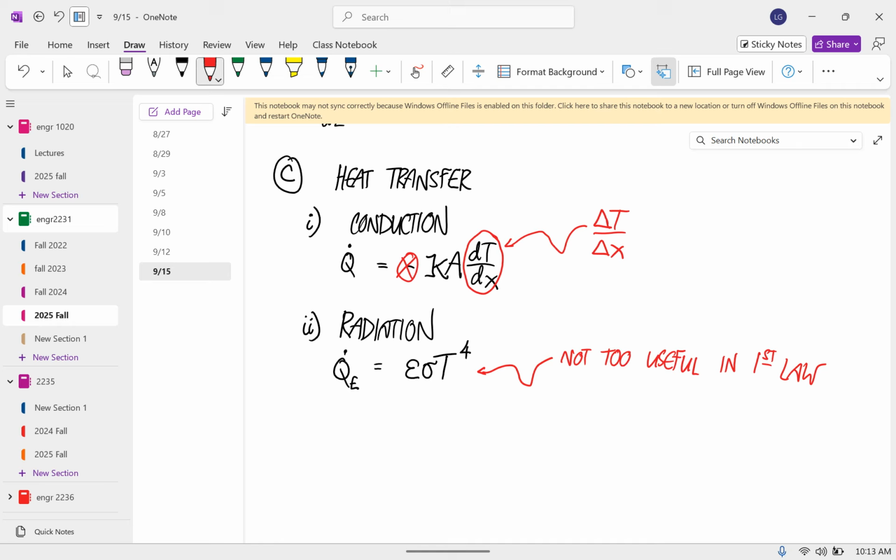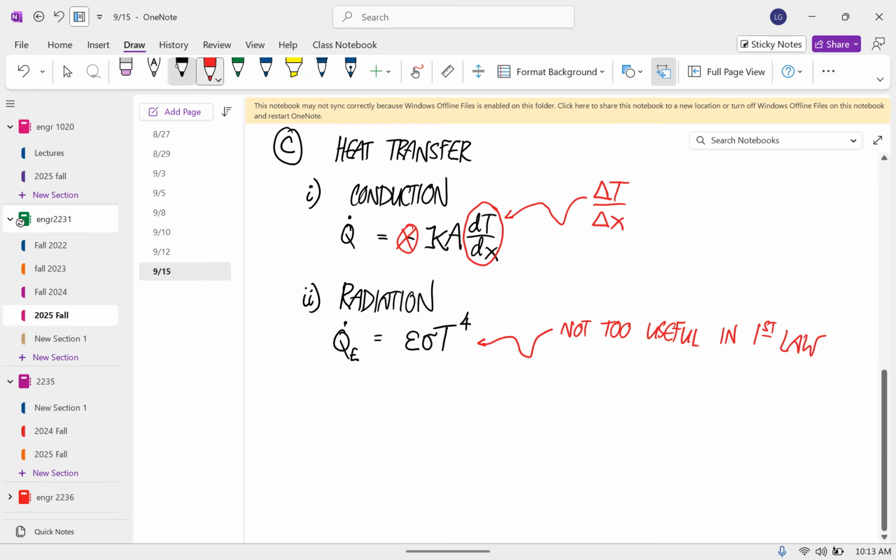So if we only know the heat that's transferring out of the system, but we don't know anything about the heat that's transferring into the system, then we're missing a lot of stuff that we need. Okay, but there is a case where we can calculate the net radiation.